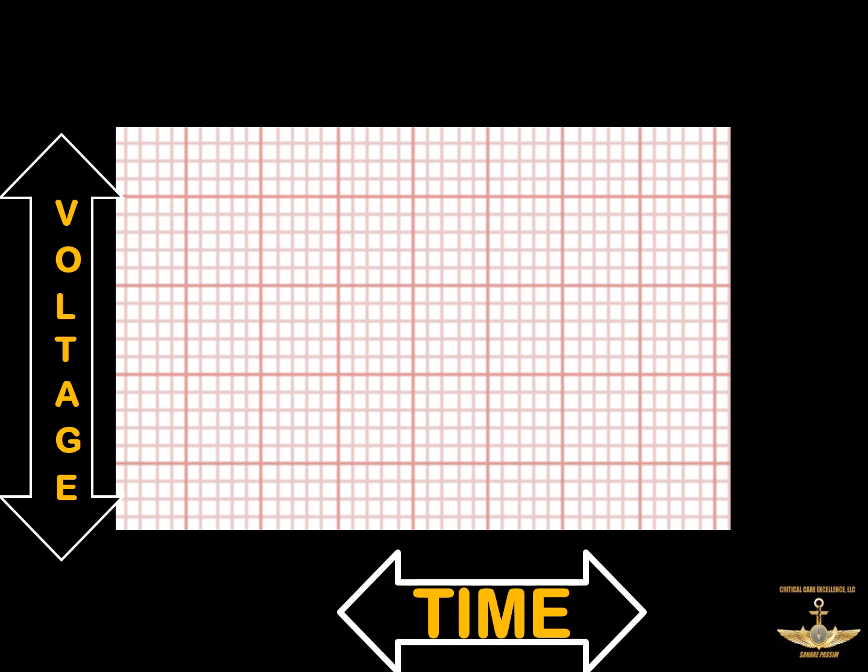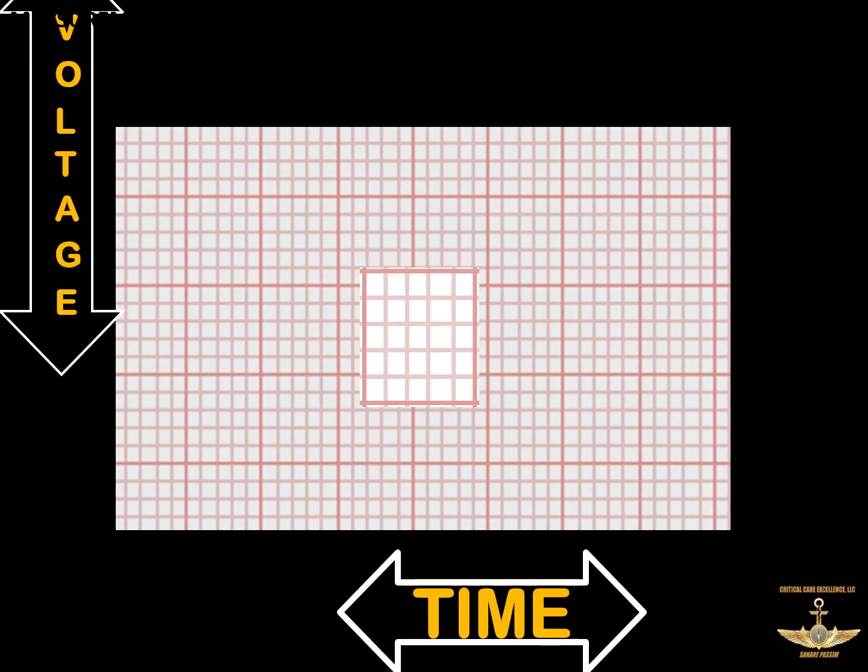So if you look at the standard paper, you really have two things that you look at. You have big blocks and little blocks. So the big block here is the darker red line. And inside of that you have smaller blocks. And each one of these things is a known amount of voltage and time, again based on how fast that paper comes out of the machine.